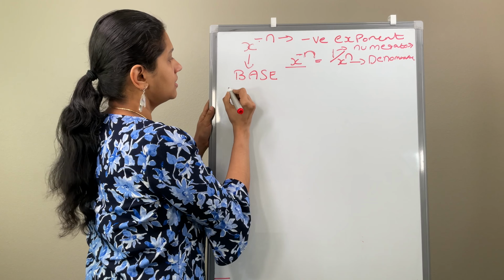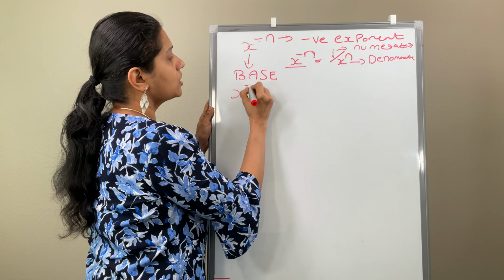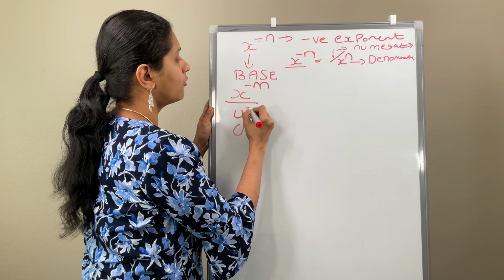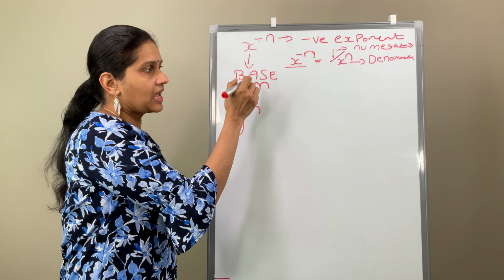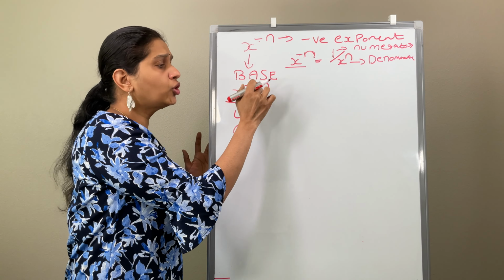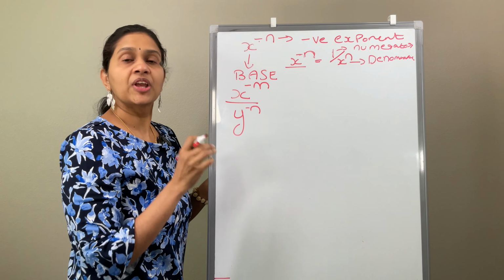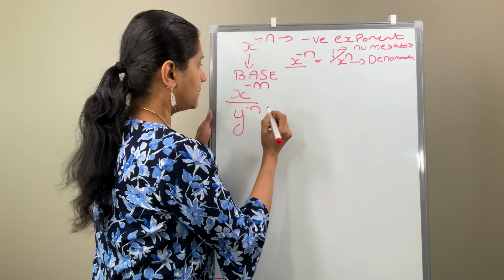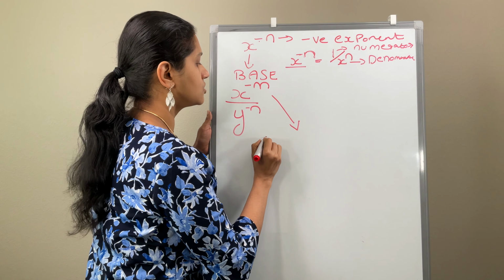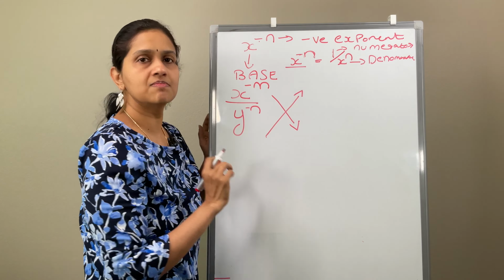So consider this formula, x to the power of minus m by y to the power of minus n. That is, we have negative exponents in both numerator and denominator. Now, how will you solve this? Simple. This numerator becomes the denominator and this denominator goes up and becomes the numerator.